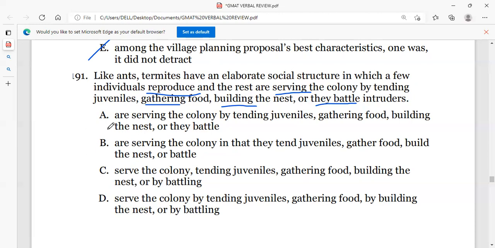We'll start with option B. Looking at choice B, serving the colony in that they tend juveniles, gather food, build nests. If you place this over here, in which a few individuals reproduce and the rest are serving the colony. Few individuals reproduce and the rest are serving.